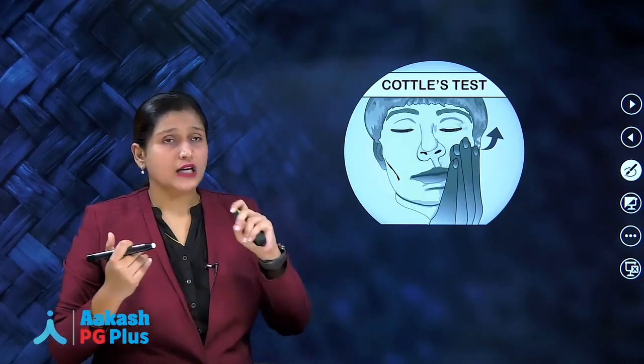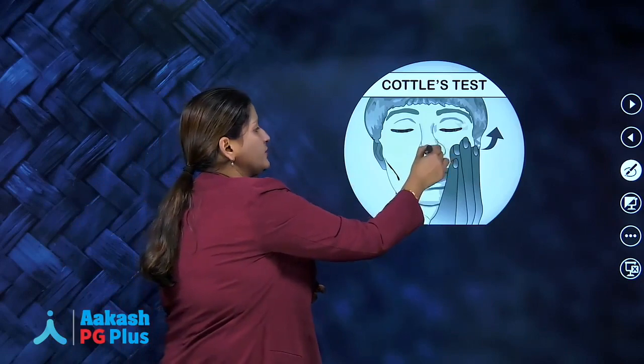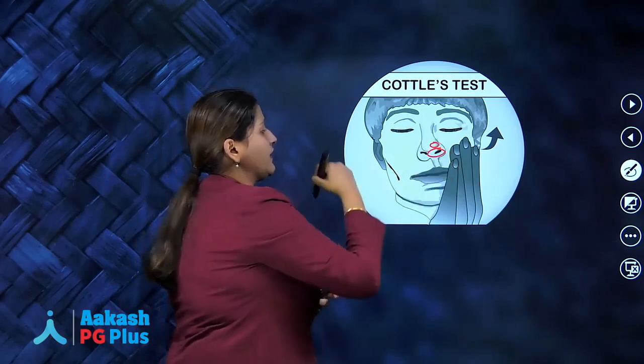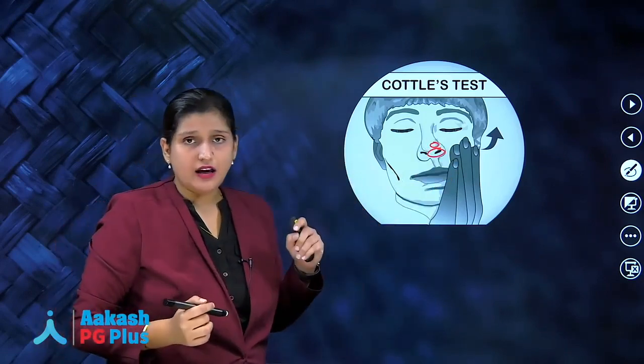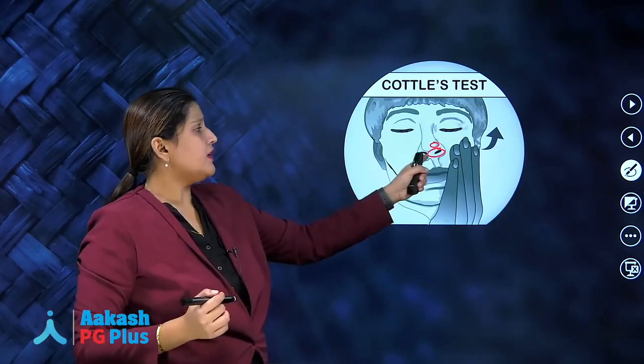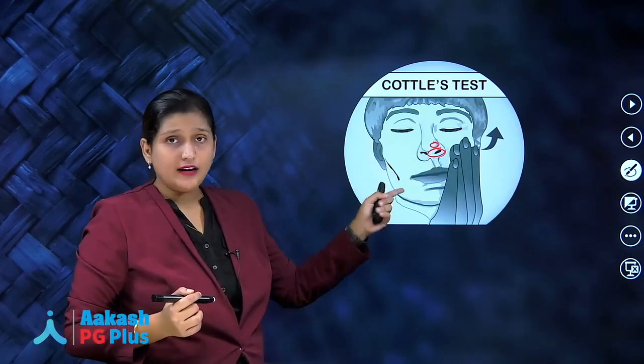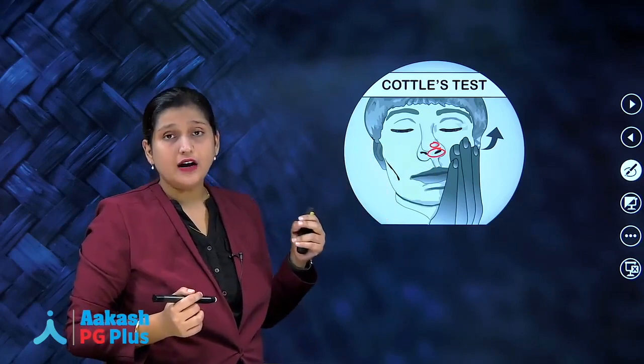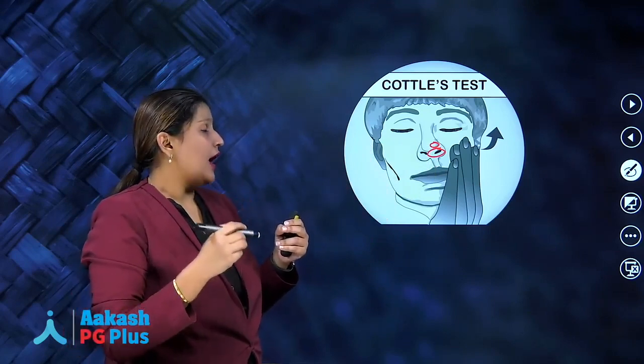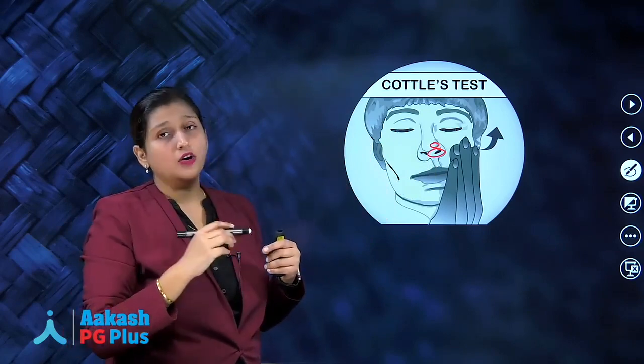Nasal valves are of two types: external nasal valve and internal nasal valve. External nasal valve is formed by the lower end of the lower lateral cartilage, the nasal floor, and the outer part, the columella.